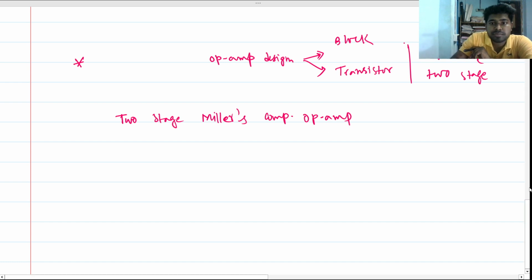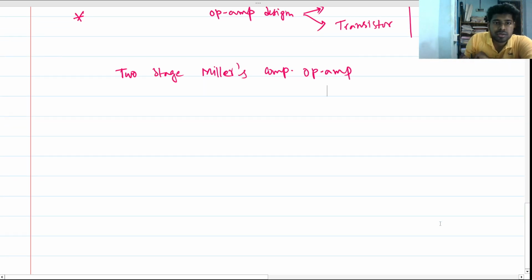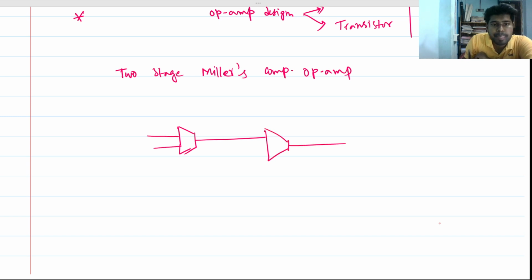Following diagram. So we know that this is the two-stage Miller compensation at block level, like at transconductor level as a block. So this is our GM1, this is GM2, this is our Miller cap, let's say CC.